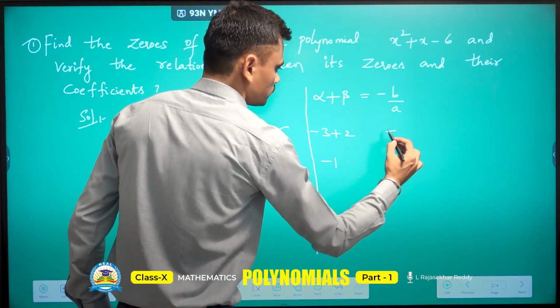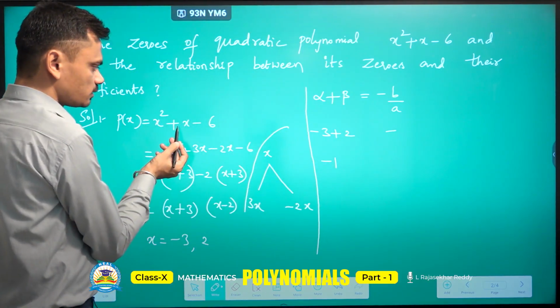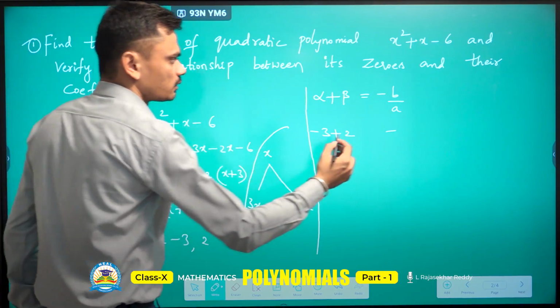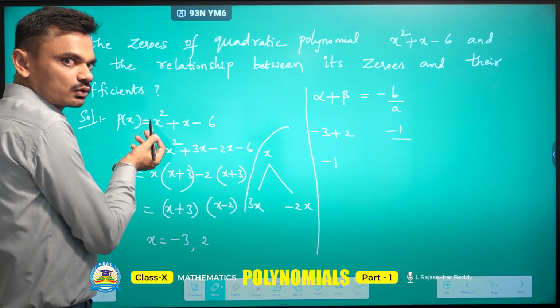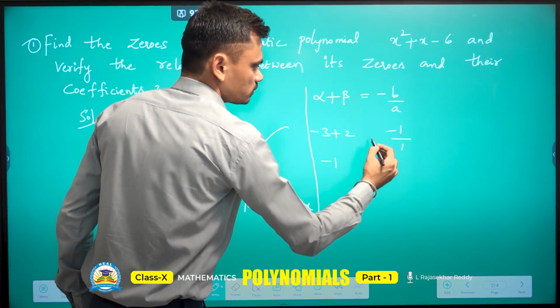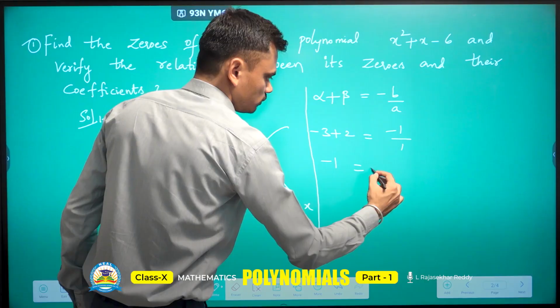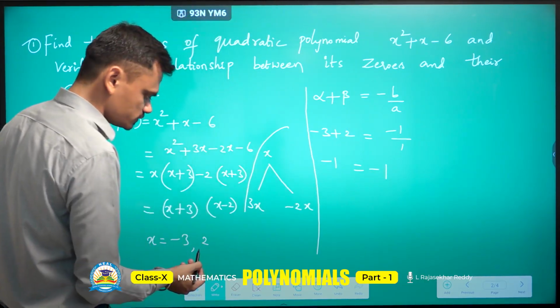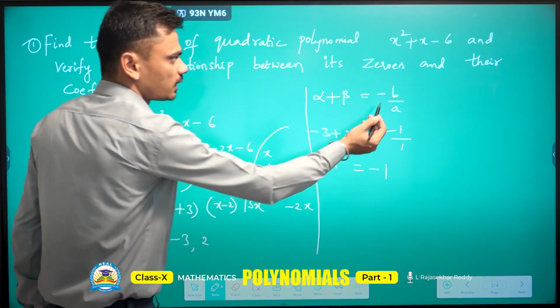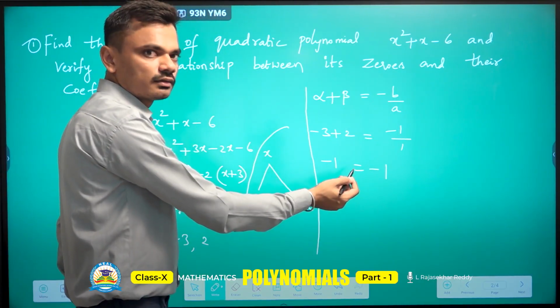Here minus b, what is the b here? The x coefficient, plus 1, divided by a, the x square coefficient, 1, equal to minus 1. Okay, alpha plus beta, the sum of the zeros, is equal to minus b by a.